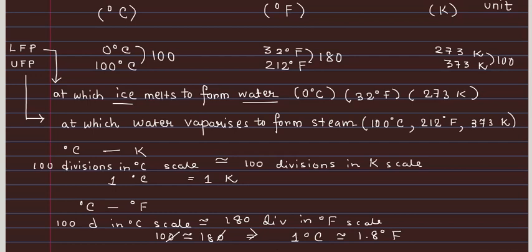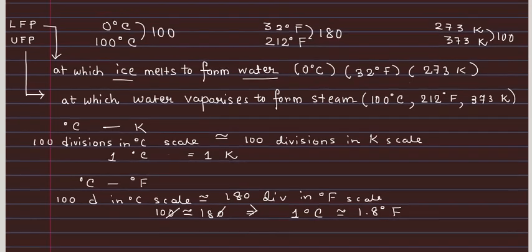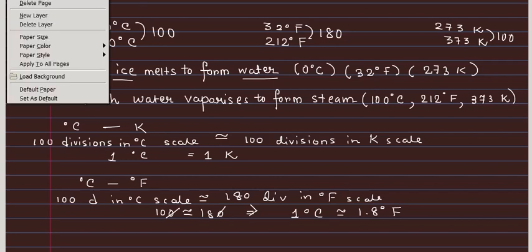Now we have a direct formula by which, if we are given a temperature in the Celsius scale, we can find the one in the Fahrenheit scale, and we will now look into that formula. And what is that formula? The formula is C by 5 is equal to F minus 32 by 9.